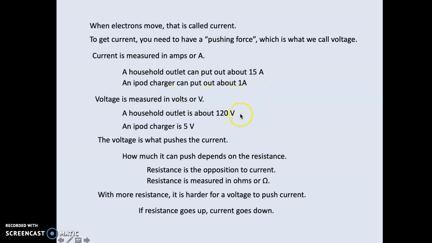Voltage is measured in volts. And voltage is what allows current to move or forces current to move. So how much it's able to push is dependent upon something called resistance. So voltage, current, and resistance are really important for this electricity stuff that we'll talk about this unit.